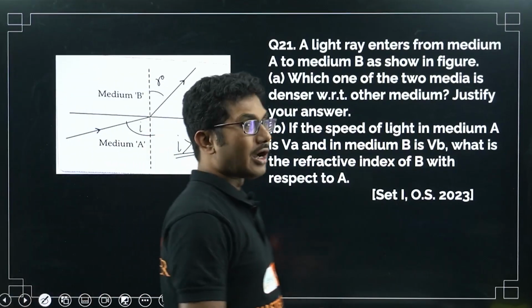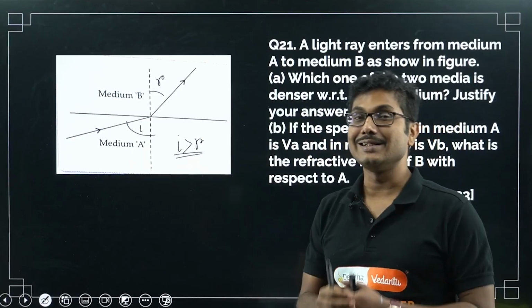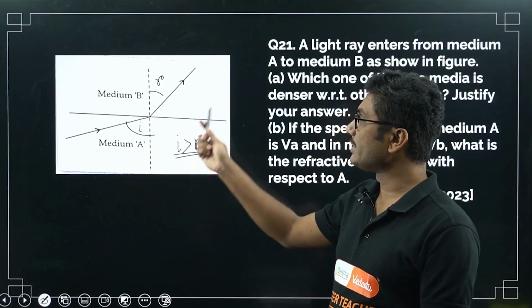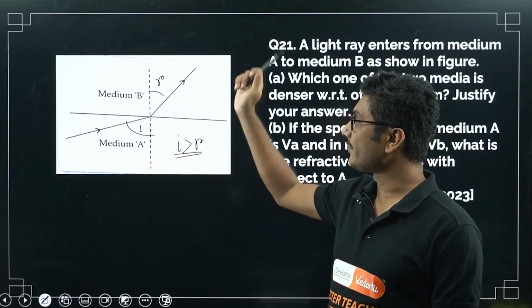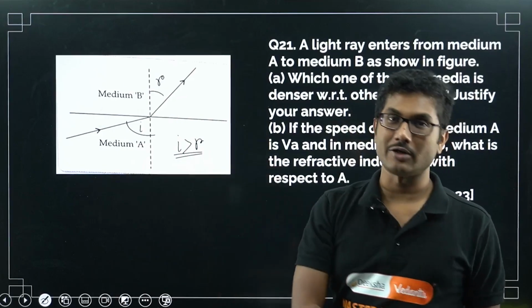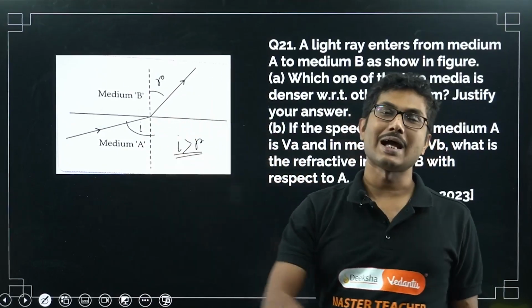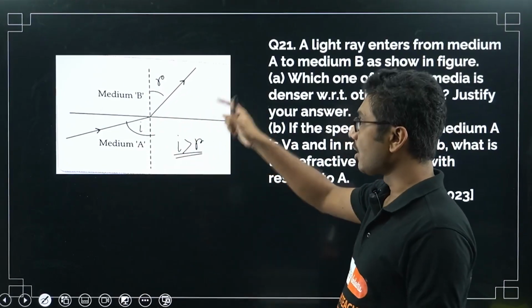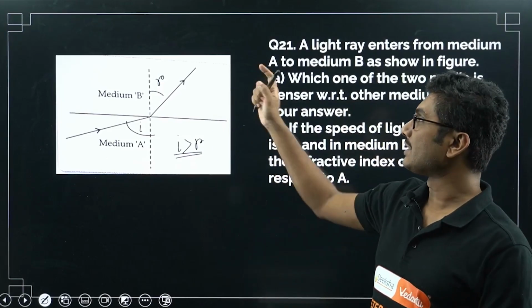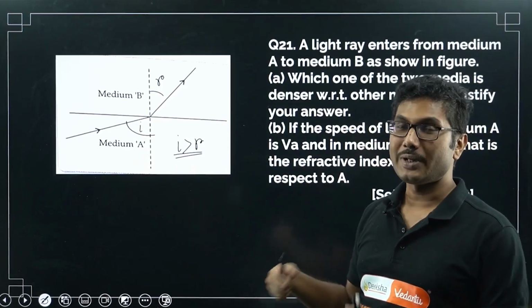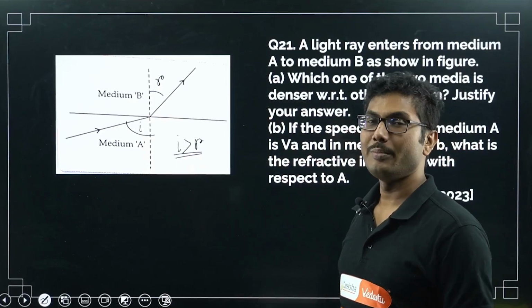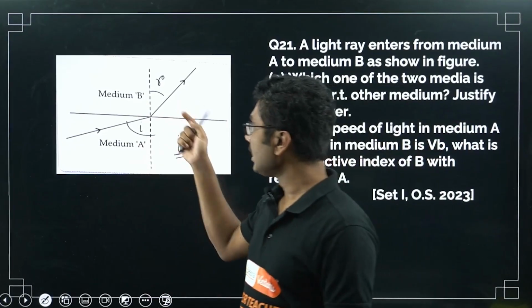But you cannot write like this in your exam paper. What you will write is: since the ray of light after refraction bends towards the normal, medium B has a higher refractive index compared to medium A, so we can say that medium B is optically denser compared to medium A, because of the higher refractive index.